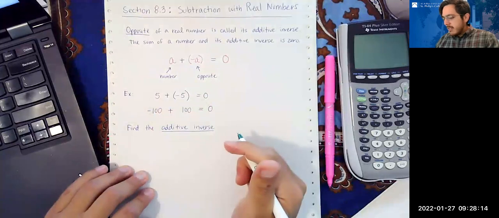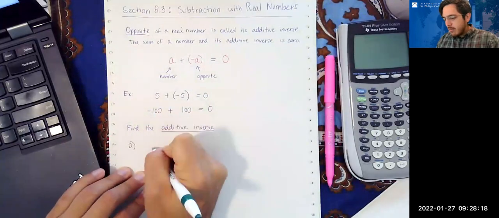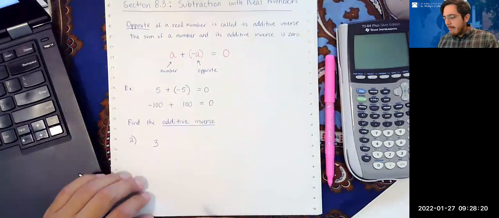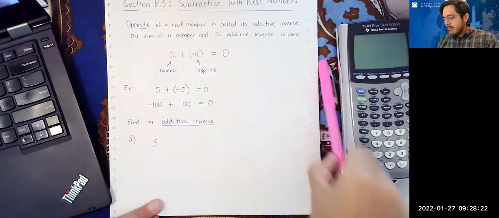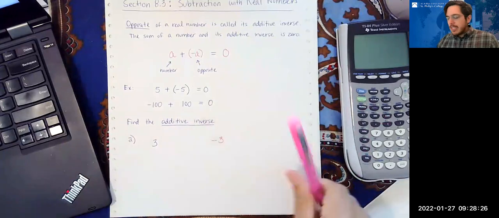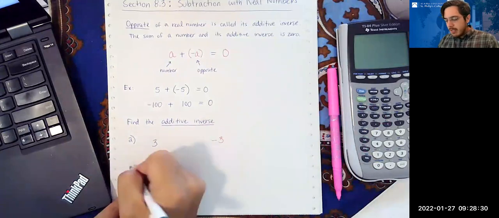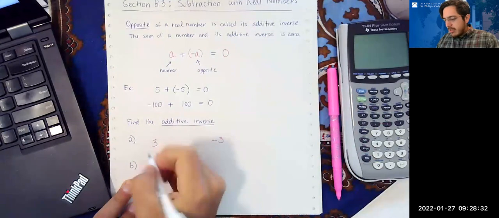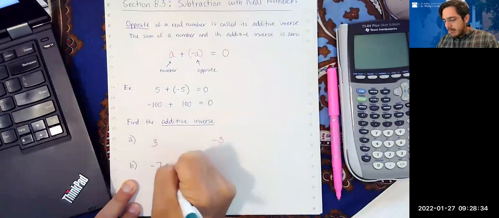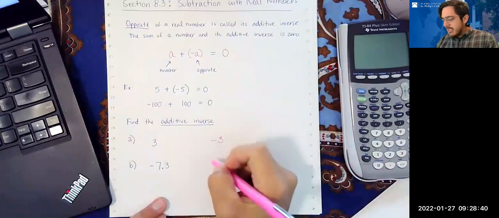Let's say that I asked you, what is the opposite of 3? Negative 3. Right, and that should make sense, that if I add 3 plus negative 3, I should get 0. The opposite of negative 7.3? Positive 7.3.